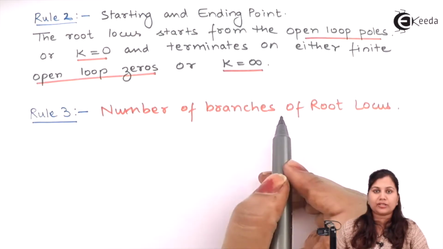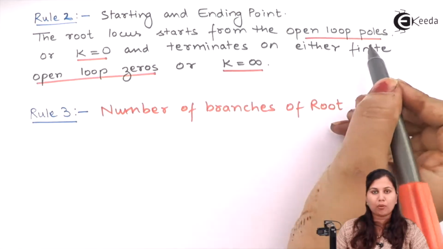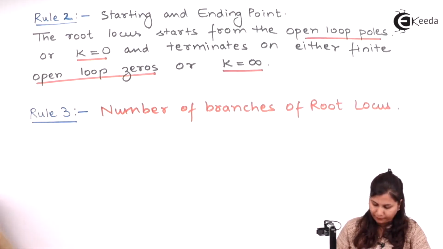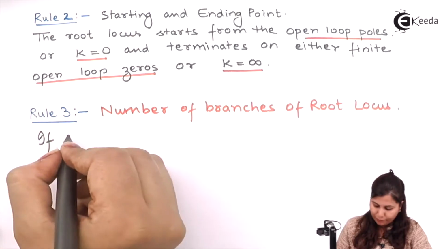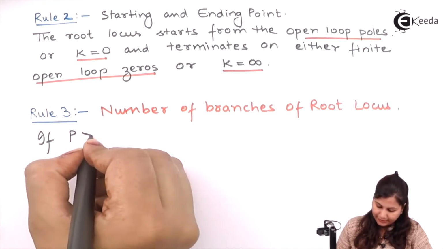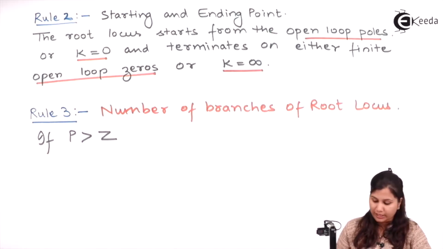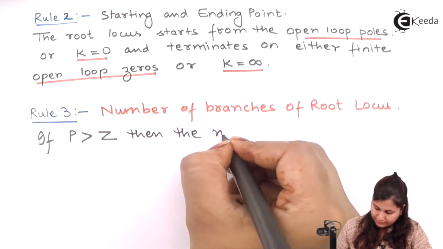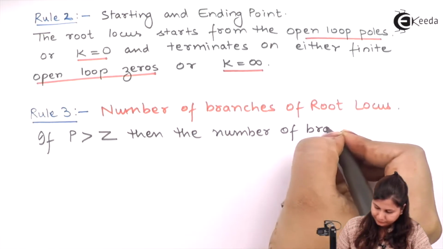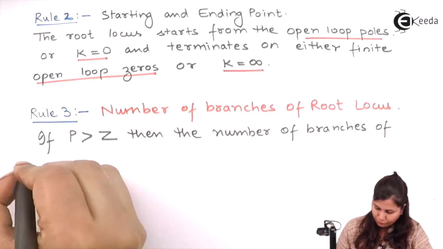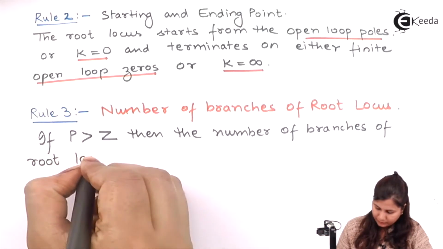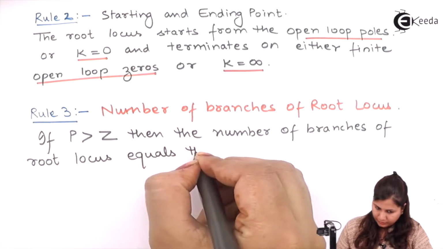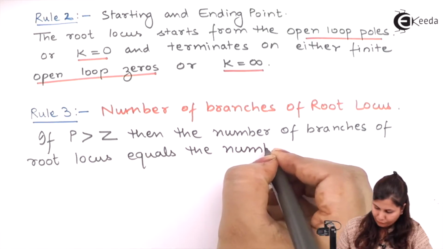The number of branches is determined by the number of poles and the number of zeros. If the number of poles, P, is greater than the number of zeros, then the number of branches of the root locus equals the number of poles.